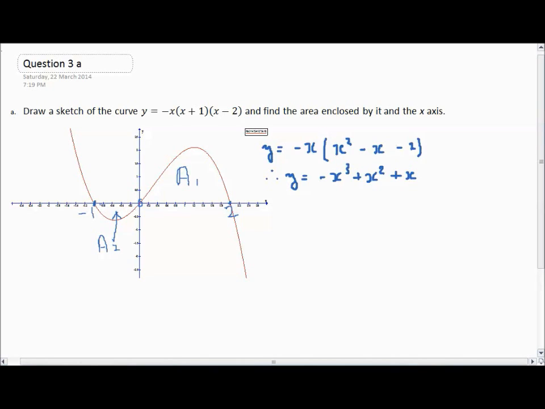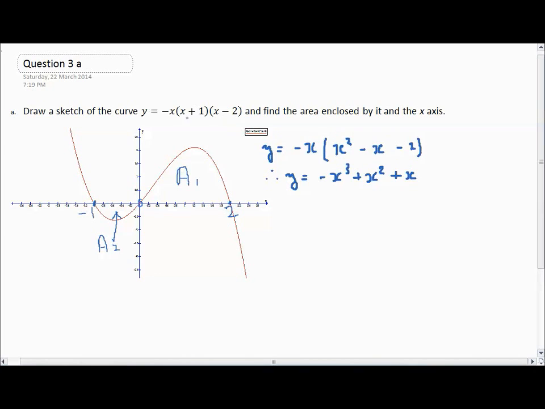Because it's under the x-axis in the domain x equals 0 to negative 1. So we're going to be careful when we integrate, and what we're going to have to do is evaluate two definite integrals.